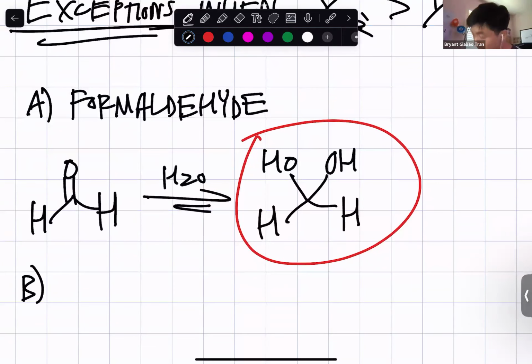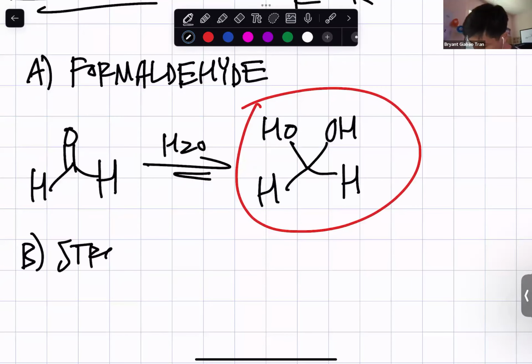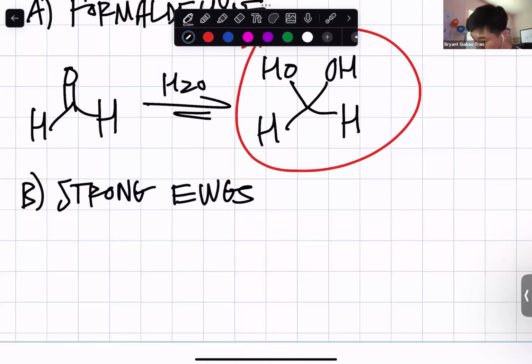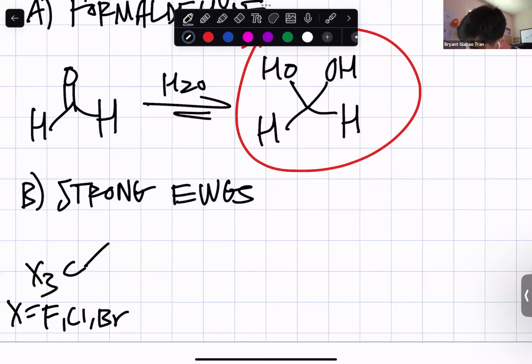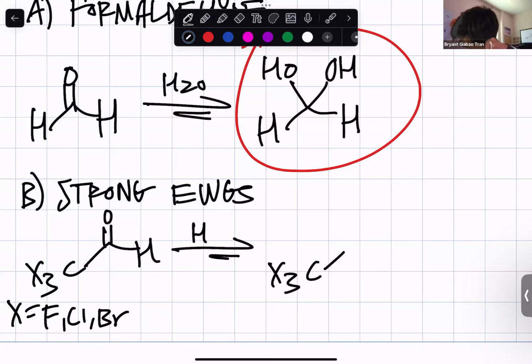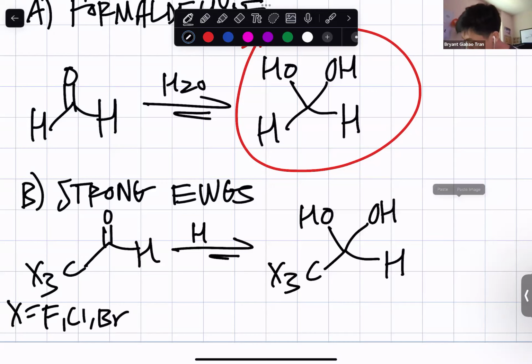The second exception is when you have strong electron withdrawing groups, which is the one that she tested on this exam. So if you have CX3, where X could be chlorine, fluorine, or bromine, any halogen attached to the carbonyl, and you react that with water, that's when the geminal diol is more stable than the carbonyl.